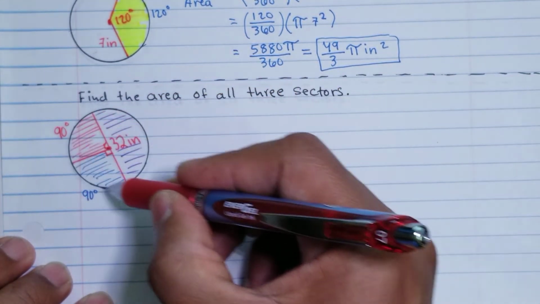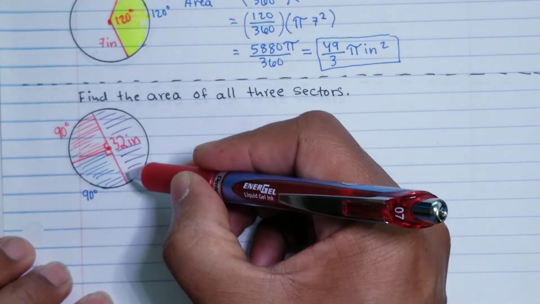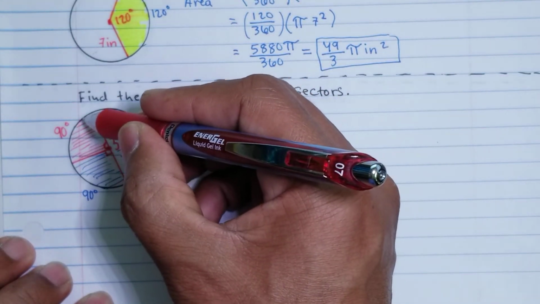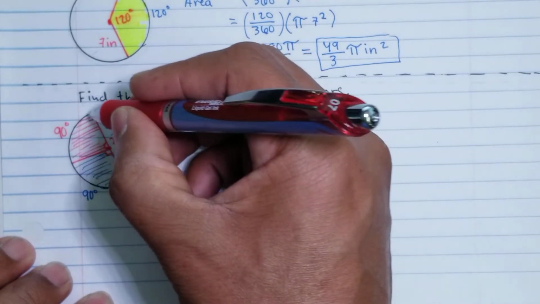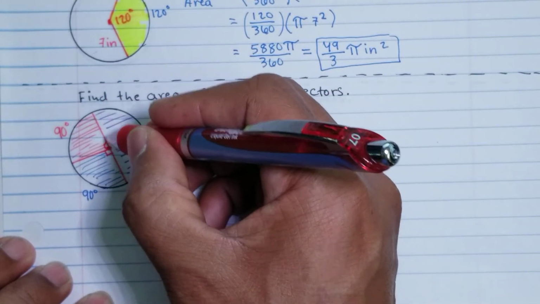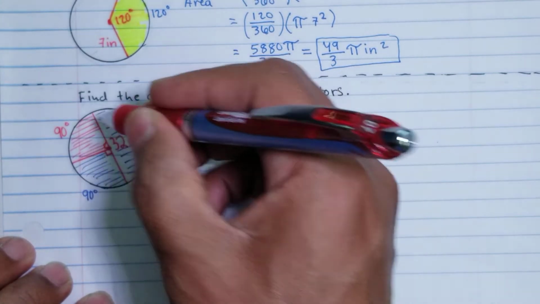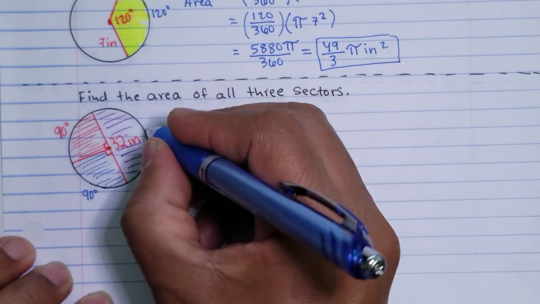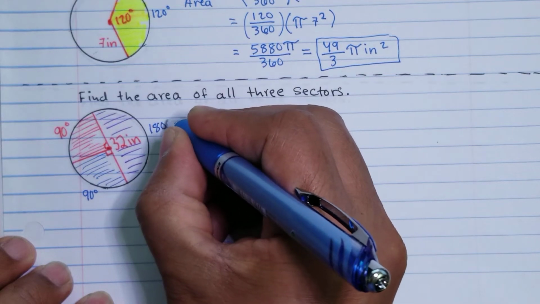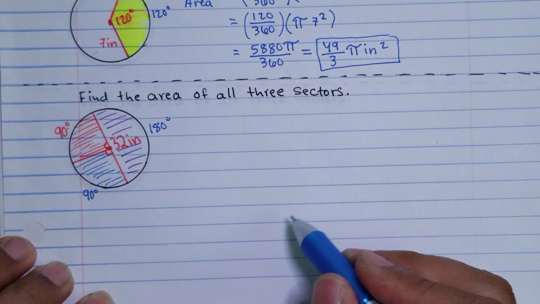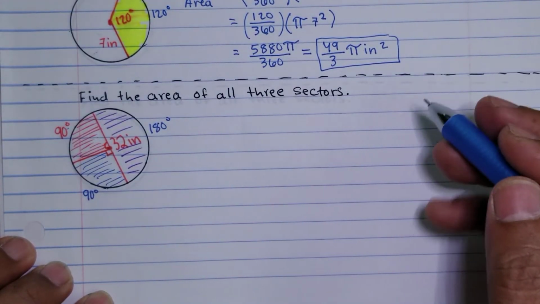Either this is a diameter, or you can see that these two angles are right angles. Then we know that this big angle is a straight angle, which means the intercepted arc has to be 180 degrees, because 90 plus 90 plus 180 gives you 360. So that's a full rotation around the circle.